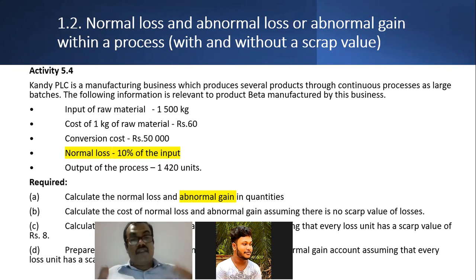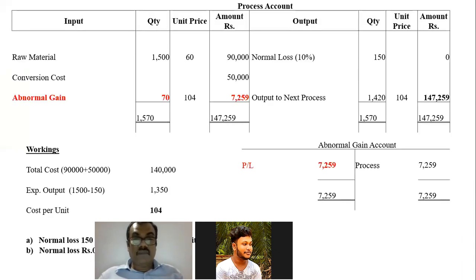And from that, the abnormal gain 70 can also be sold at the price of 80. That is also added on. So altogether you have a separate value, what you call extra income, called abnormal gain. Okay, so we'll see. If you can do all these calculations, that is easy. The rest would be just presenting them in the account.